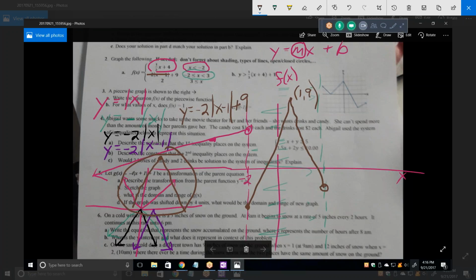Now, tell me where this y-intercept is right there. I just want to see if I've graphed it properly. How would you calculate it, based on our function? What's true about x when you're on the y-intercept?